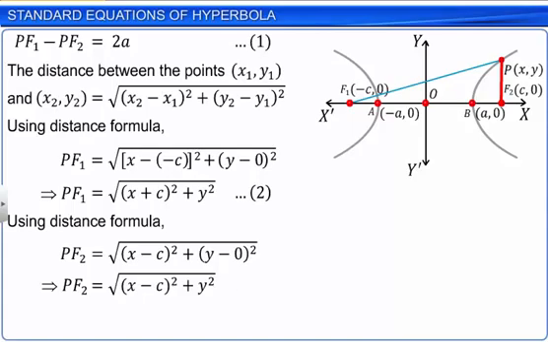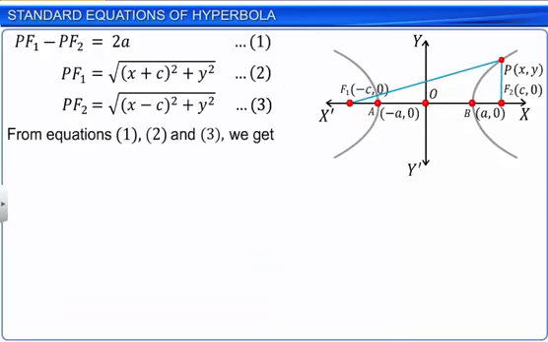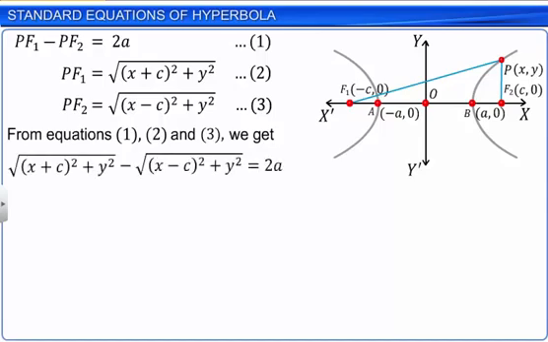Let us substitute the values of PF1 and PF2 from equations 2 and 3 in equation 1. Rearrange the equation. Square both sides of the equation.